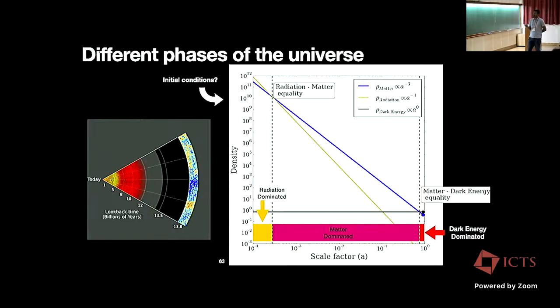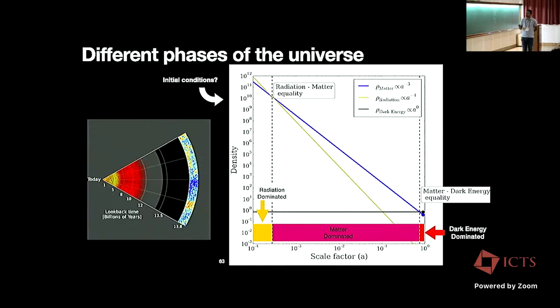And dark energy, which we don't know what exactly it is and we're still trying to figure out, in the scenario when it's a cosmological constant, is a to the 0 basically; the energy density of this component doesn't change. But that's still one of the big questions we're trying to address.